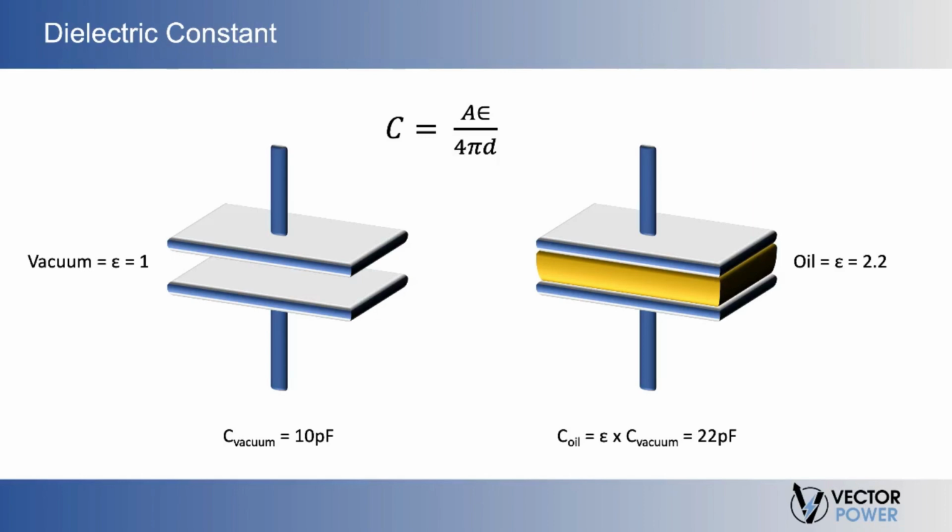In this example, we see that if we were to change the dielectric material to oil, the capacitance would increase. This is because oil has a higher dielectric constant compared to vacuum.